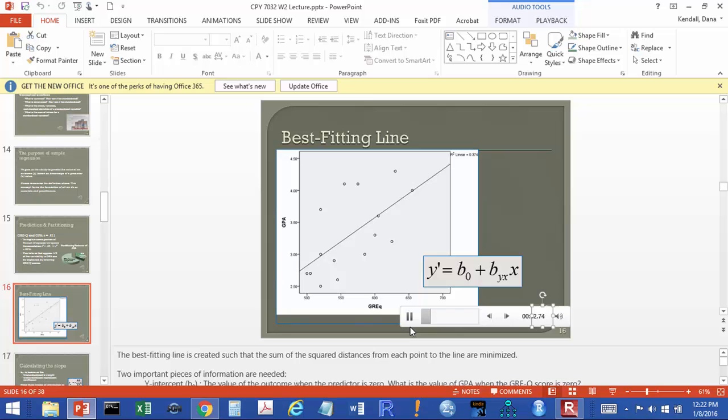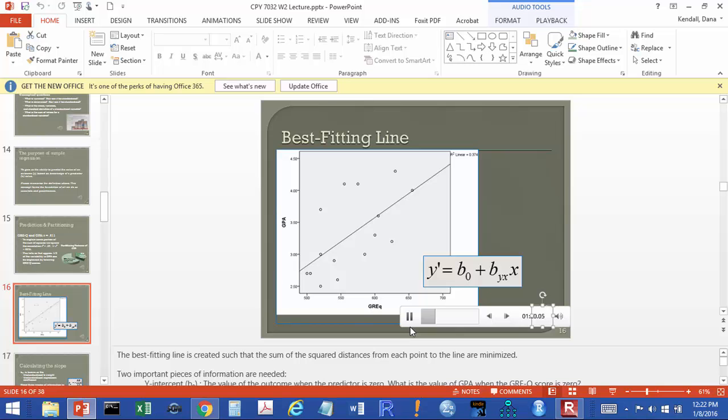Back to our high school algebra, we have our Y-intercept, or our B0, and that just means that we want to know the value of our outcome when the predictor is set to 0. That is the definition of the Y-intercept. Please memorize that. It's the value of our DV, or outcome, when the predictor is set to 0.